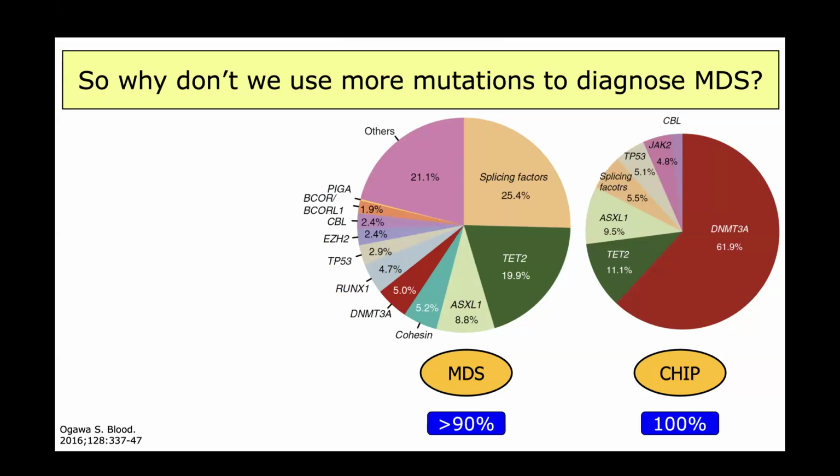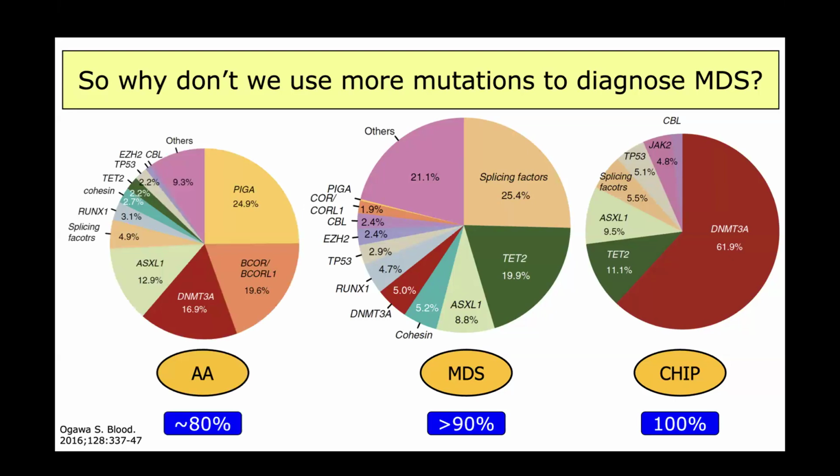And you may ask the same question: surely we can use mutations to distinguish MDS, in particular hypoplastic MDS, from aplastic anemia. And there too, I think you'll get into trouble if you use that sweeping statement, since we now recognize that roughly 80% of patients with aplastic anemia can harbor mutations, and many instances of aplastic anemia have some evidence of clonality.